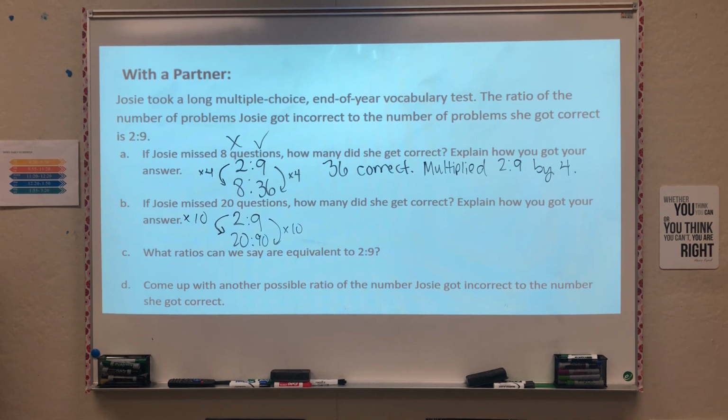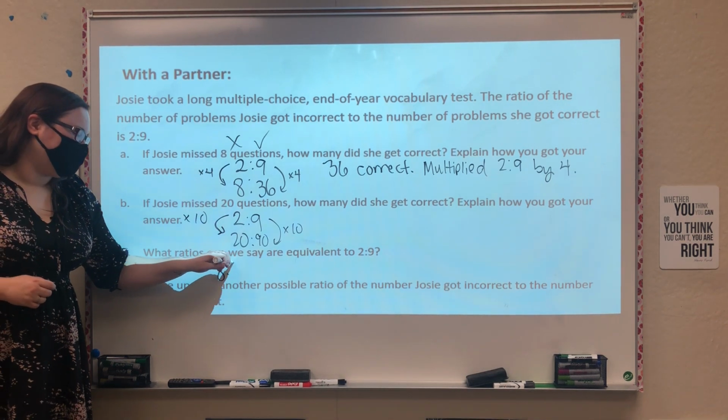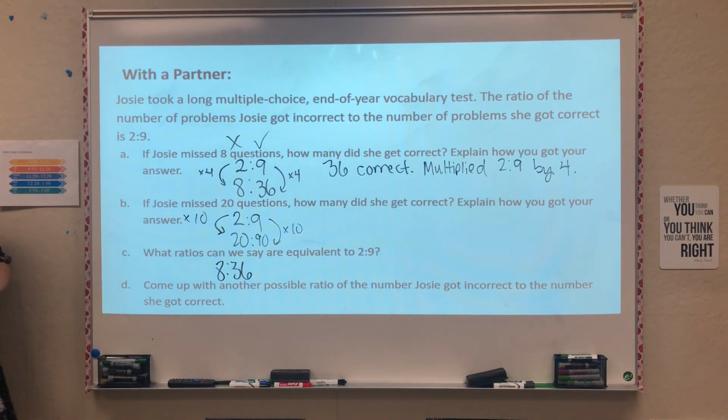So at this point, we've done some math. Part C is asking what ratios can we say are equivalent to the ratio 2 to 9? We figured out for that first part the ratio 8 to 36 was equivalent.